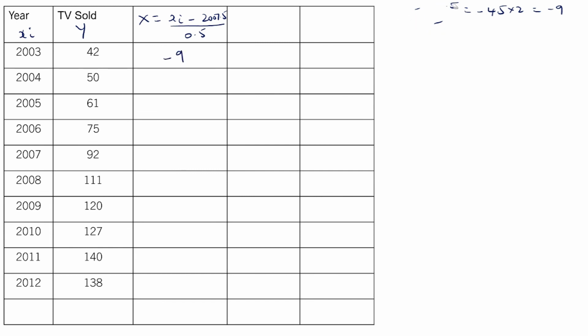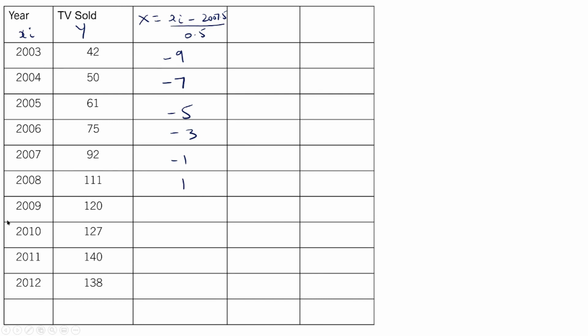Similarly, for the next year 2004 minus 2007.5, it is 3.5 into 2, negative 7. Then for 2005 we will have negative 5, 2006 negative 3, 2007 negative 1, 2008 will be plus 1, since 2008 minus 2007.5 is 0.5, and 0.5 by 0.5 is 1.